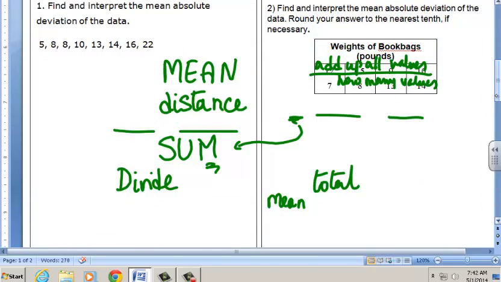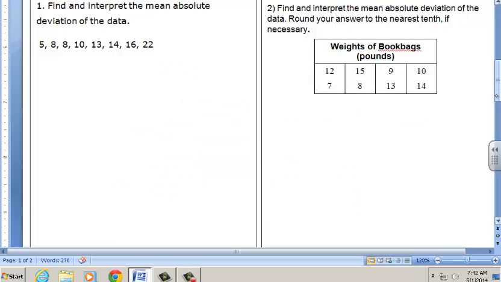It says find and interpret the mean absolute deviation of the data. Now, in the previous lesson, I noticed that maybe 3 or 4 students, or not even, wrote the interpretation, and that's why I took your points off. In this lesson, make sure that you write what the interpretation means.